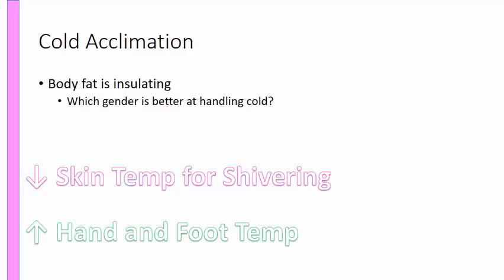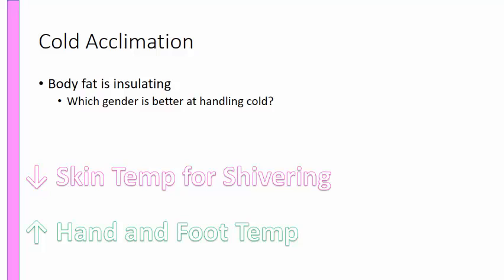You're also going to increase your hand and foot temperature. So this means that you have improved vasodilation to your hands and feet. And since these have very small arteries, they can easily lose all of their blood flow because they have a lot of heat loss.